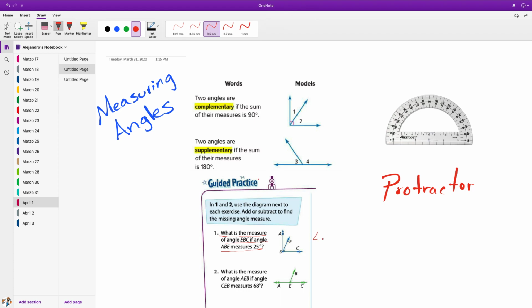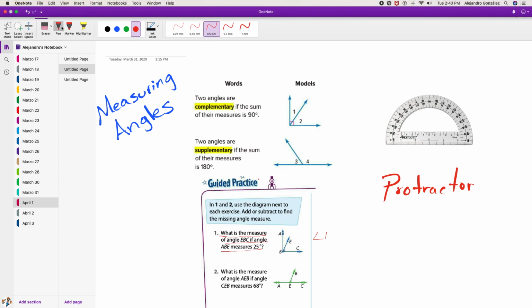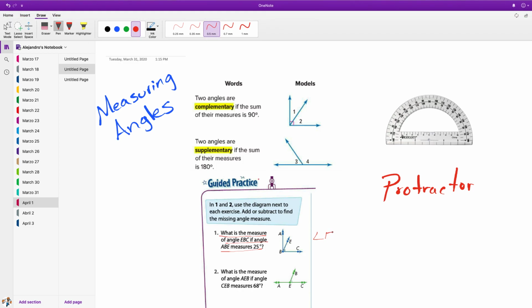I'm going to put it here, EBC. We don't know the measure for that angle, so I'm going to put a question mark.